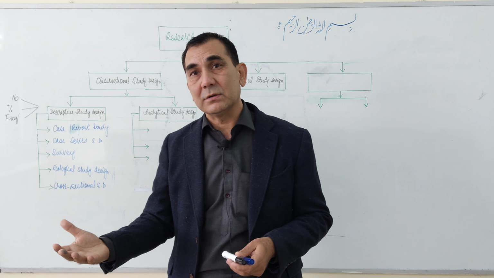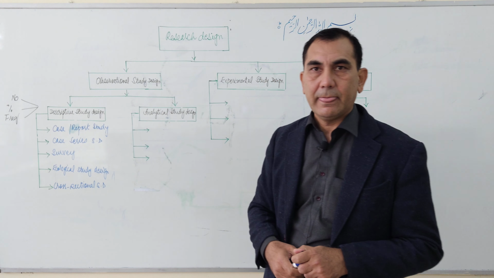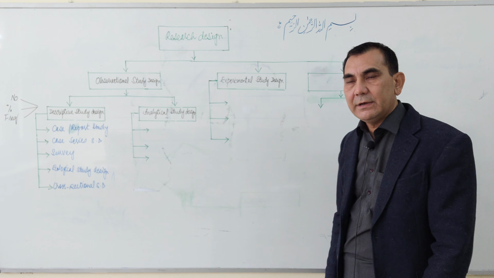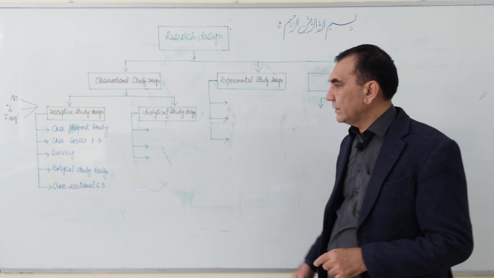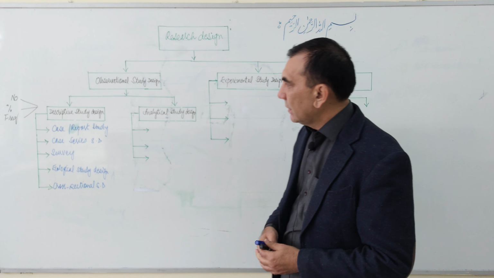Now another type of descriptive study design is called the cross-sectional study design. The cross-sectional study design is the only study design which a researcher can conduct in the descriptive study design, and you can also conduct it in the analytical study design as well.